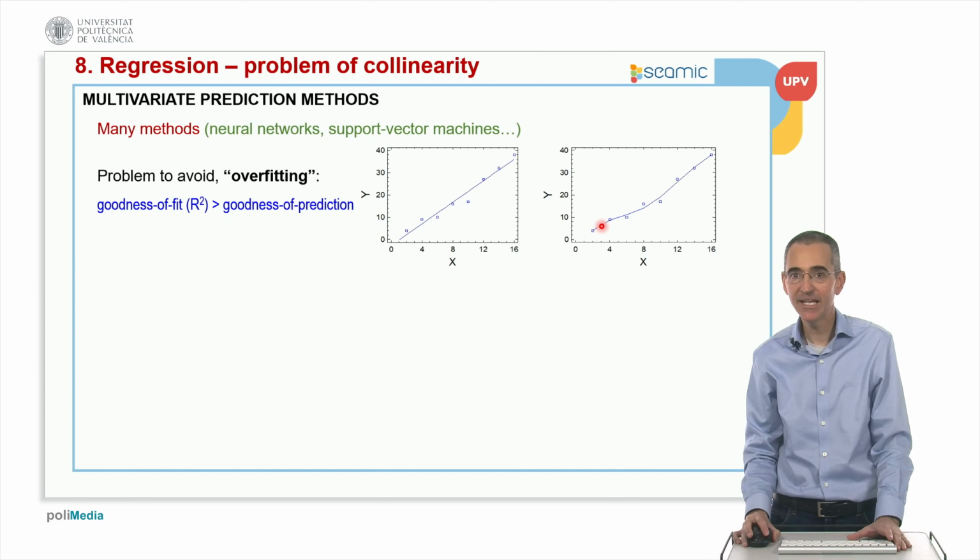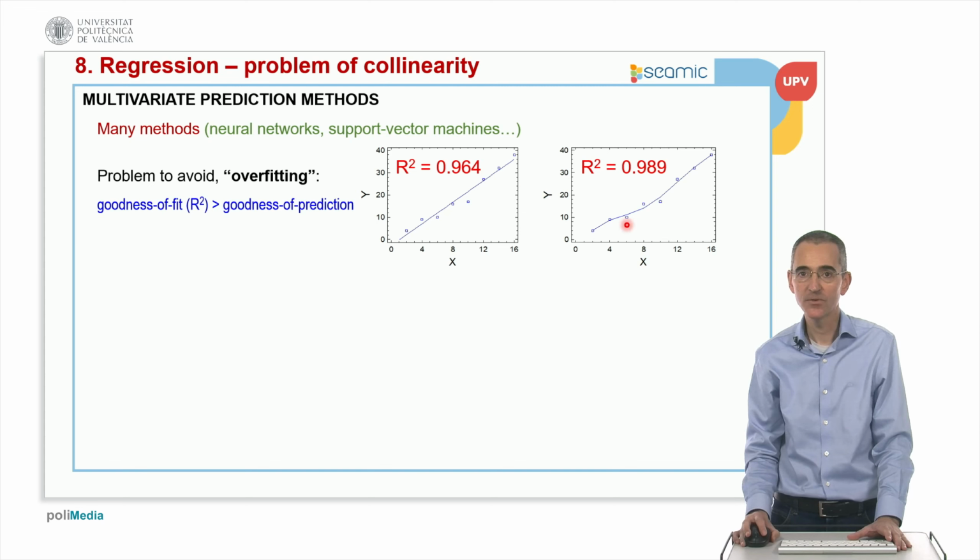Then at the end the model fits much better to the data. In this case the r squared is 0.86. In this case the r squared is 0.99. So this model fits better to the data. But is this model better than this one? Well, the answer is no.